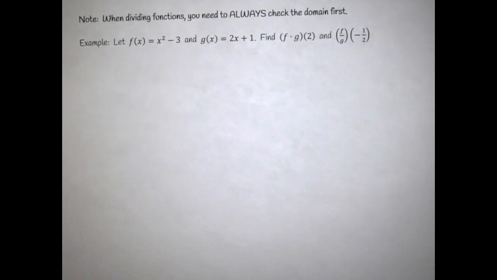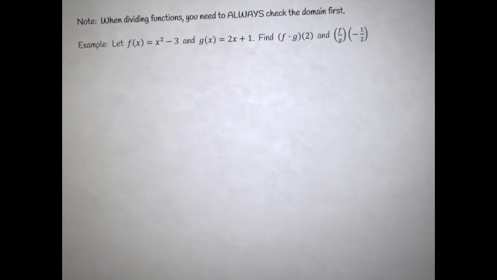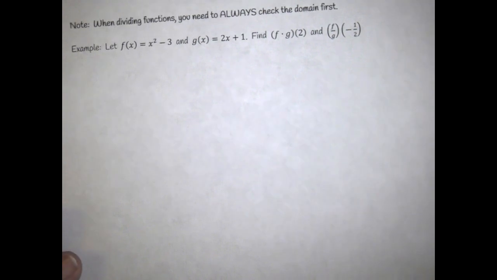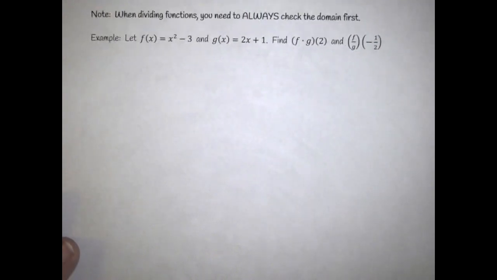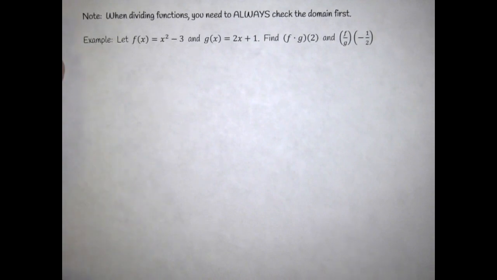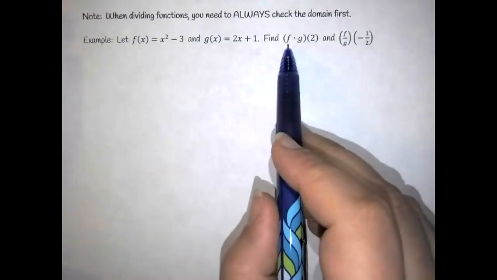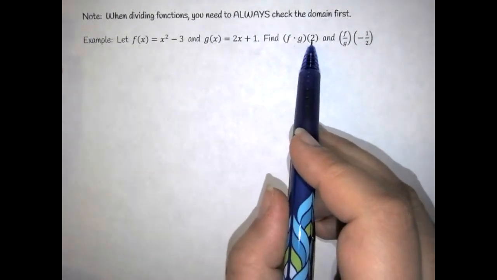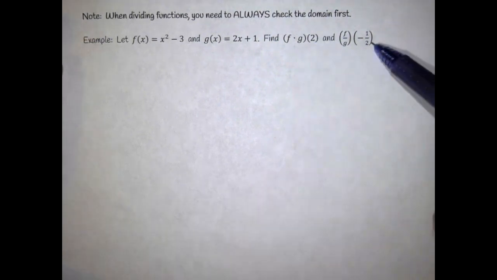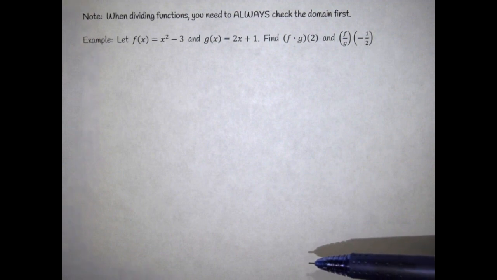So we have f of x equals x squared minus 3, and then we have g of x equals 2x plus 1. Okay. So with that, again, we're asking you to do f times g and then evaluate it at 2. And then we're asking you to do f divided by g evaluated at -1/2.